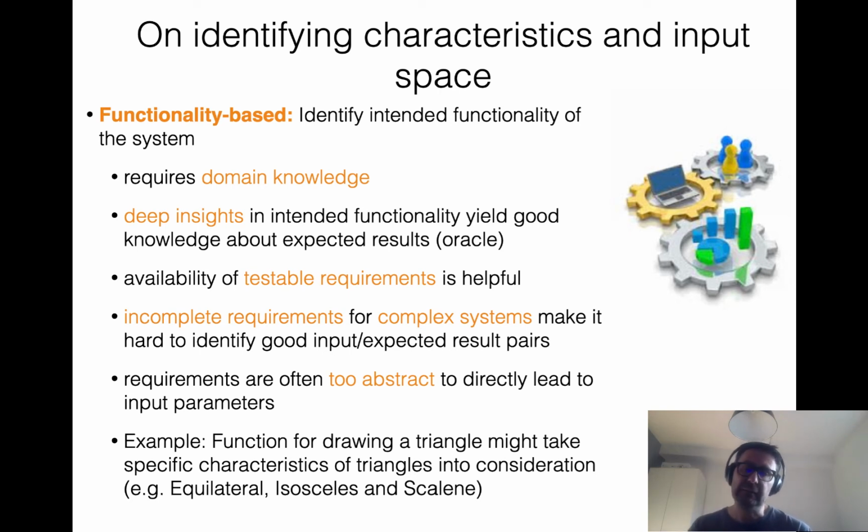And then scalene triangles have non-equal side lengths. So the requirement didn't say anything about these different classes, right? You would have to know about triangles to understand that you need to test, as the drawing of triangles will be quite different for these different types of triangles.